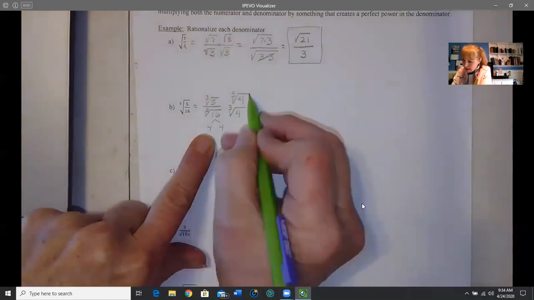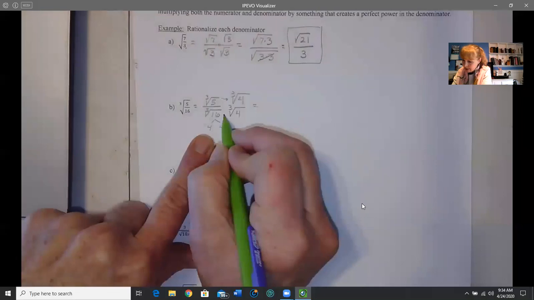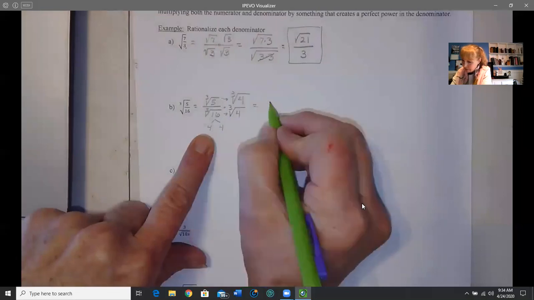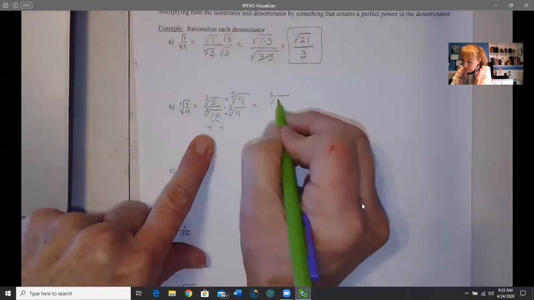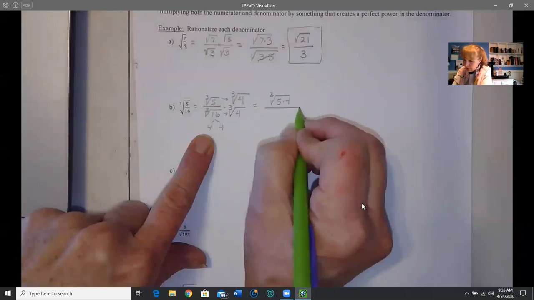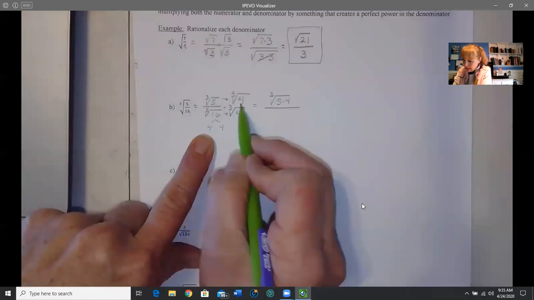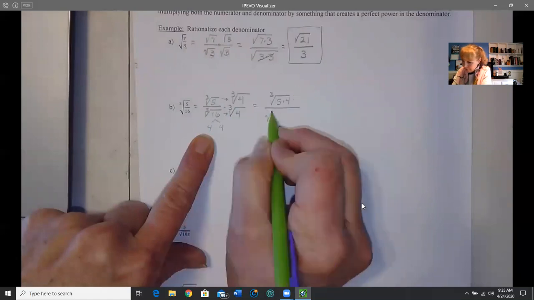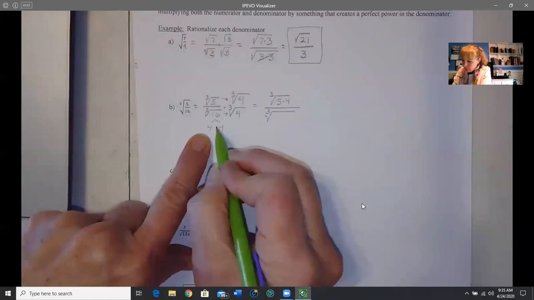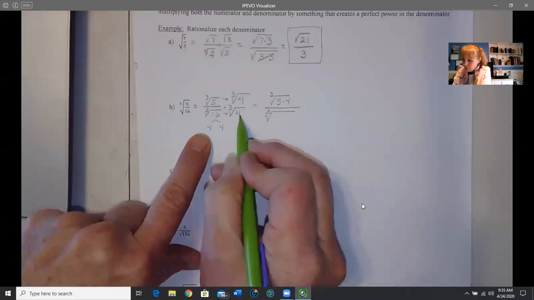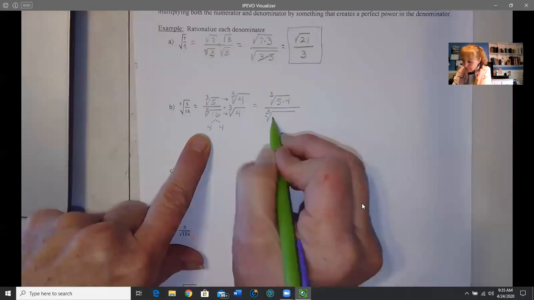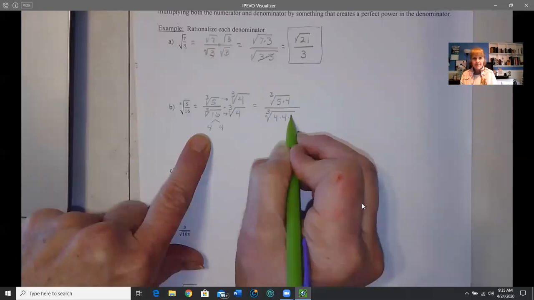So then, multiplying across, I end up with the cube root of 5 times 4, because they have cube roots, so I multiply the radicands. 4 times the new 4. Okay.